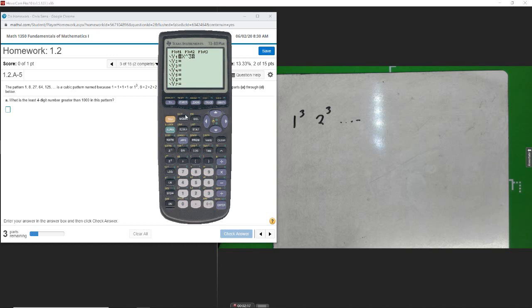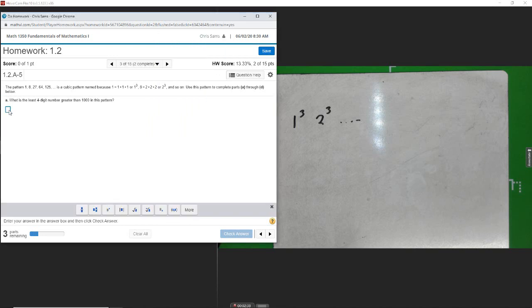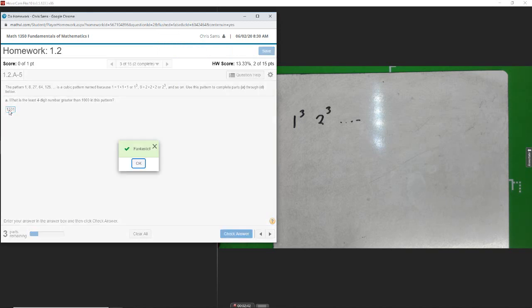Then if we do second graph to see the table, we see that pattern 1, 8, 27, 64 right here. And if you arrow down or scroll through the table, you can see that right here, 1331 is the first number greater than 1,000 that we get. So 1331. Okay, so that's part A.